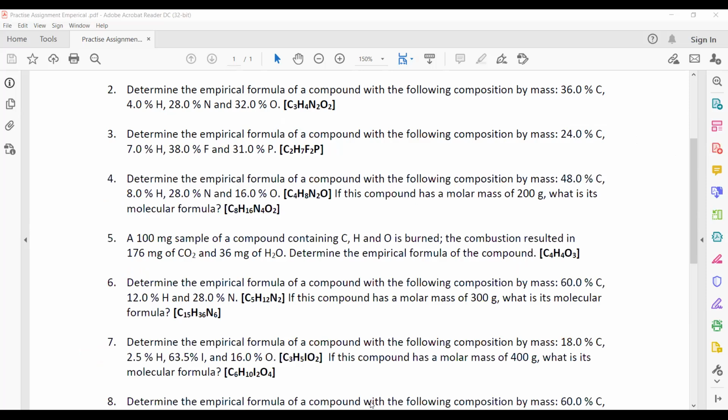Then how to find the molecular formula from the empirical formula.